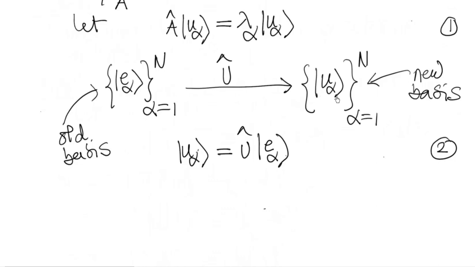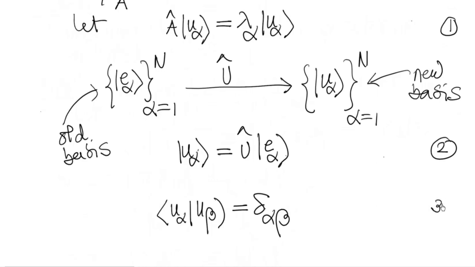Since ket U alphas are basis vectors, we can write down the inner product of basis U alpha with another basis U beta is equal to delta alpha beta. Let us say this is equation 3.